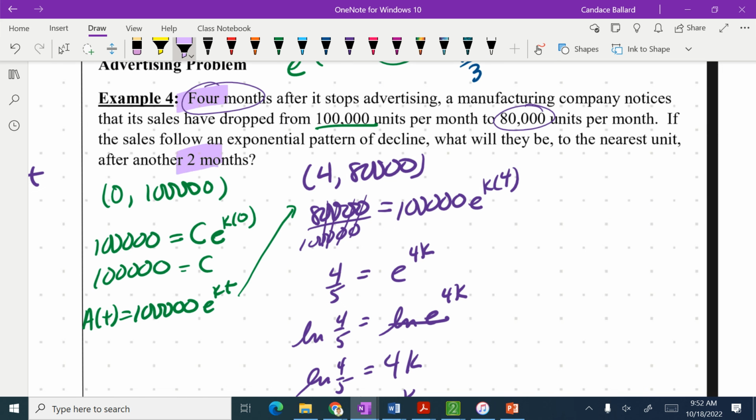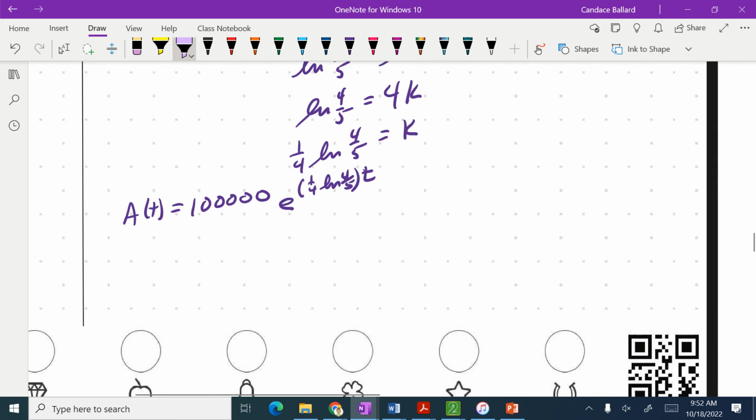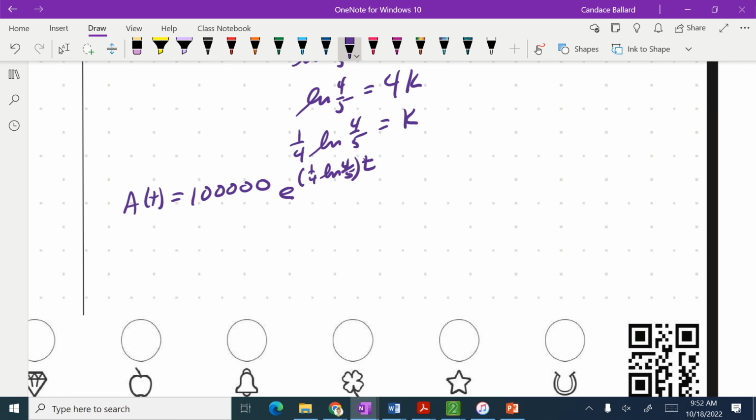Because it's 2 more after 4, so you've got to really read carefully. Everybody good with that? So another 2 months would be 6 months. So we're putting in a 6. So A of 6 equals 100,000 E to the 1/4 natural log of 4/5 times 6.